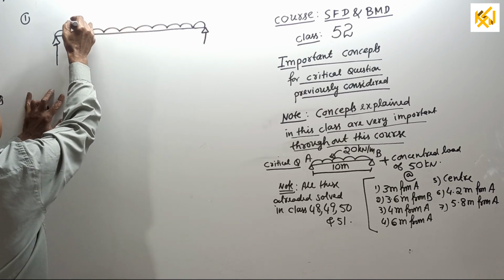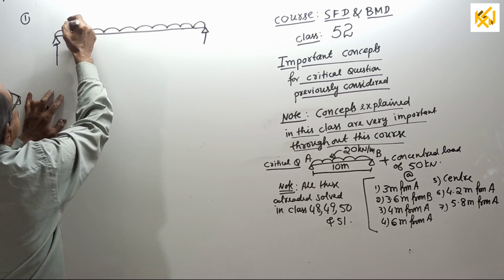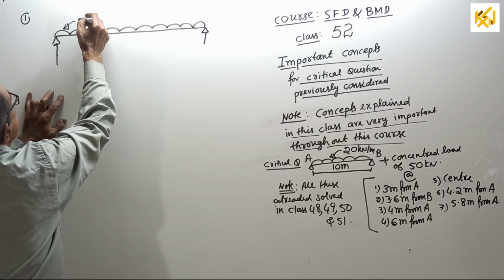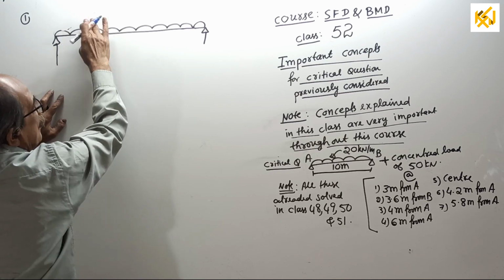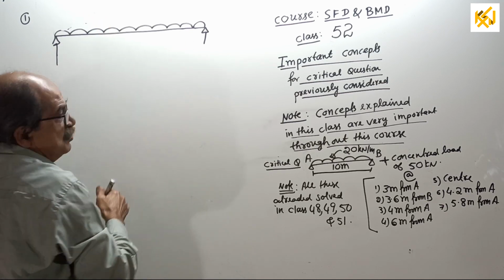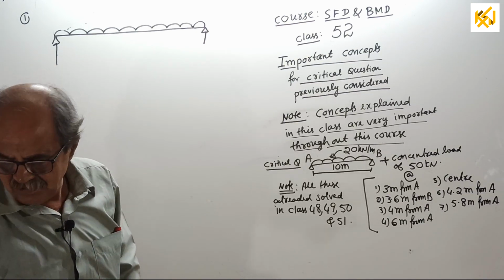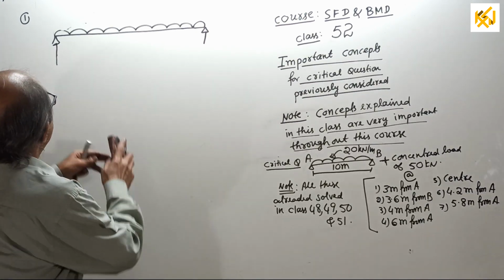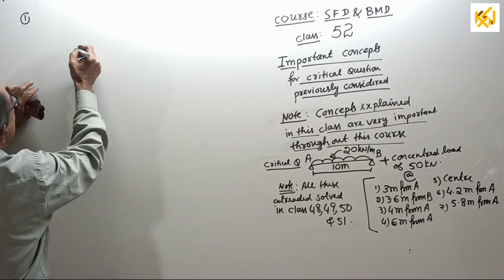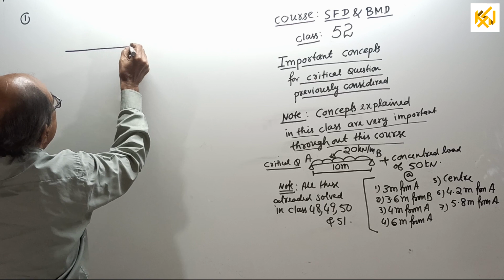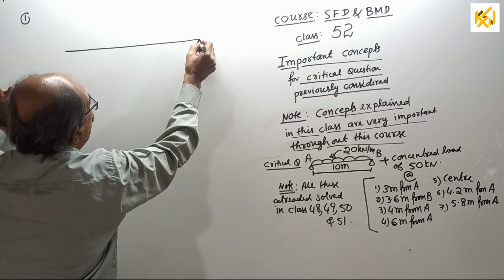I'll put it somewhere here. It is 20 kilonewton per meter. Actually, there's a problem because I want to bring it a little down. Otherwise, it may overlap later, when I change the point load. No problem, these are nothing to worry about. See, I'll put it here. Safe. Now correctly I will draw.